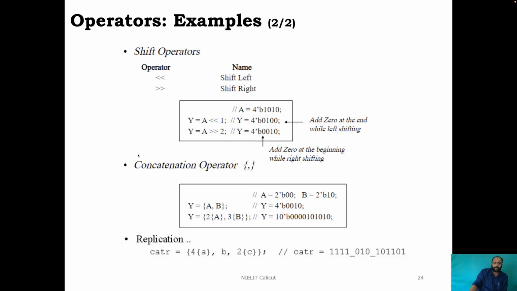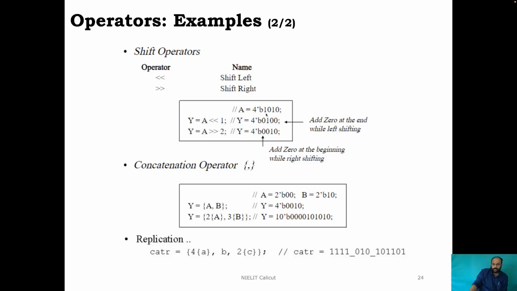Now let's look at another operator called the shift operator. Shift operators are used for shifting the bits of a particular number. For example, consider the variable A, which is equal to 1010. If you apply the left shift operator, A left shift by 1, the number shifts bitwise to the left.